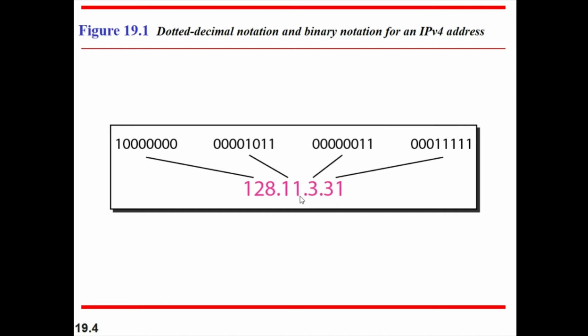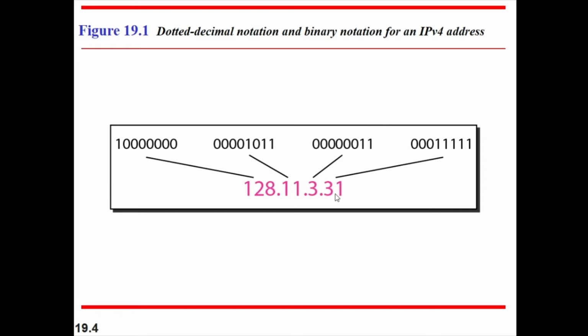An example of an IP address is 128.11.3.31. When you convert this into binary, 128 will be 10000000. 11, when you convert, becomes 00001011. 3, when you convert, becomes 6 zeros followed by 11.